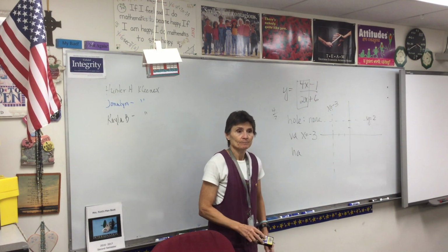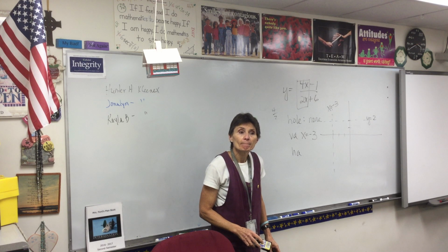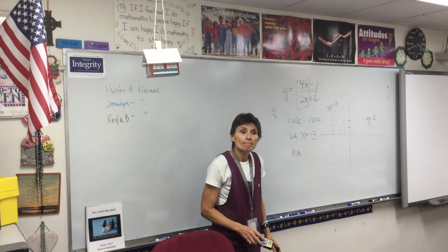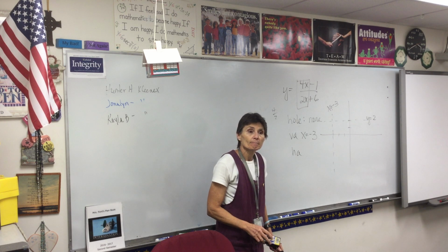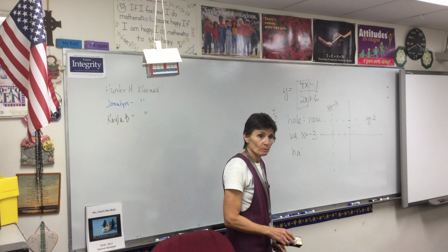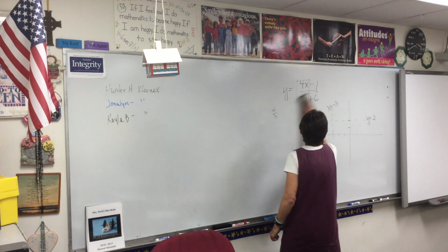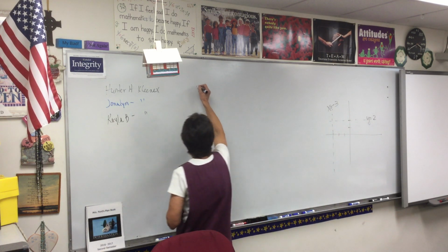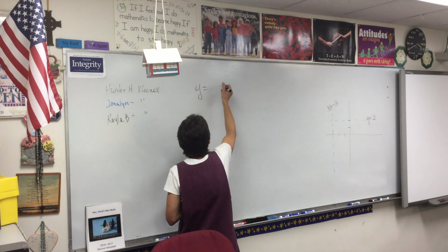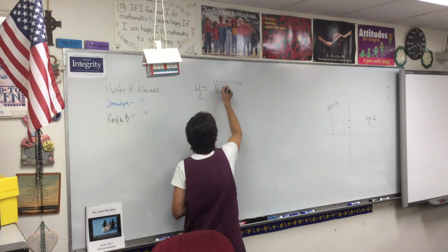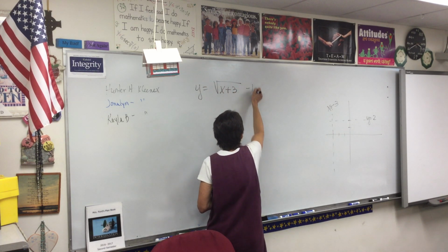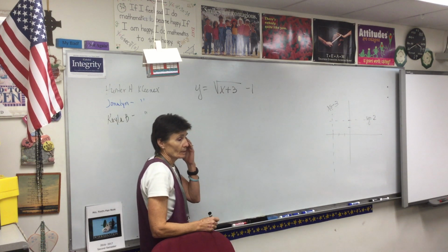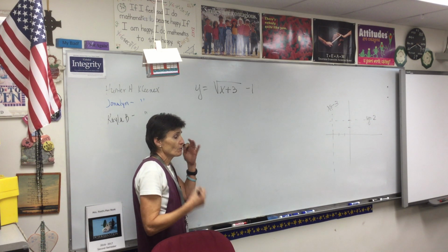Okay, Anaya. Can we do a sketch of a square root problem? So she wants to do a problem where we have to sketch something like the square root of x plus 3 minus 1. So what's the first thing to think about?